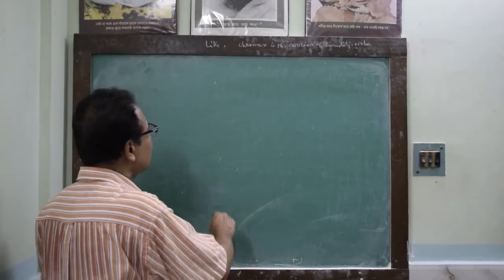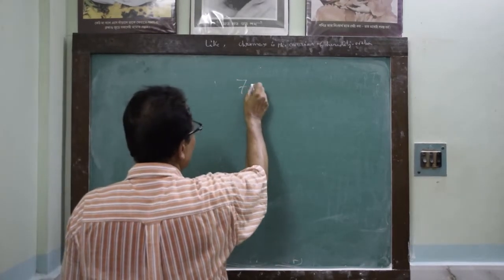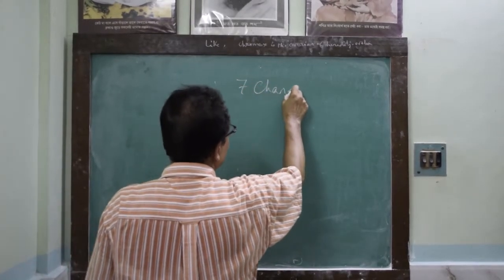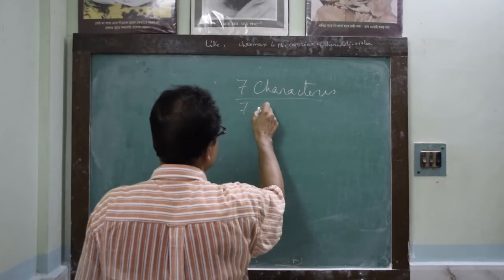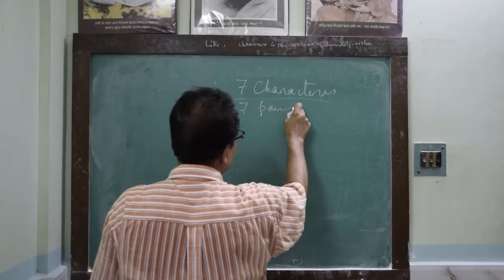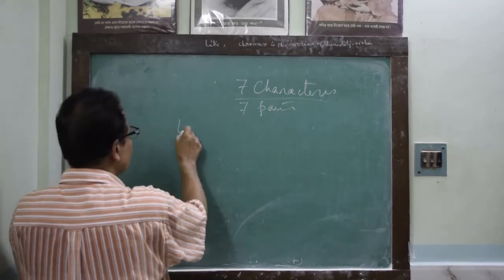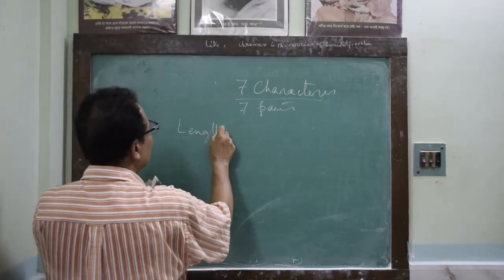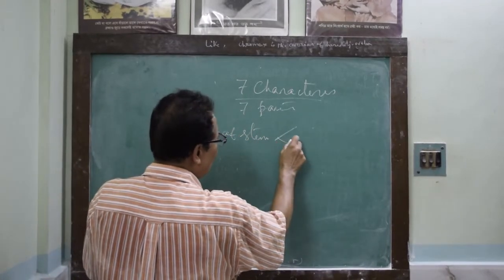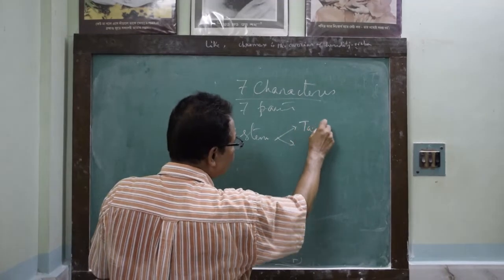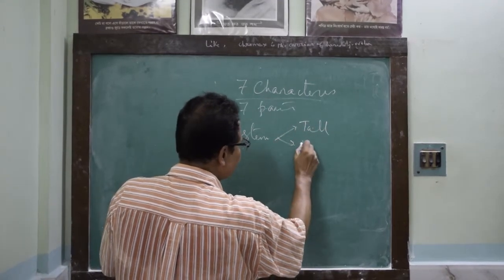Now, Mendel selected 7 characters with 7 pairs of contrasting traits. The length of stem: the dominant is tall and recessive is dwarf.